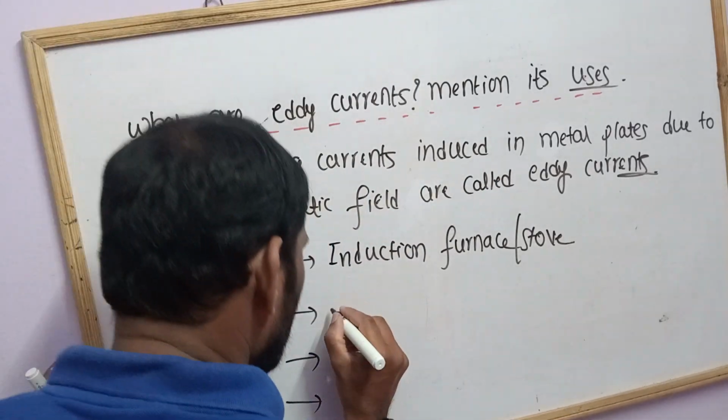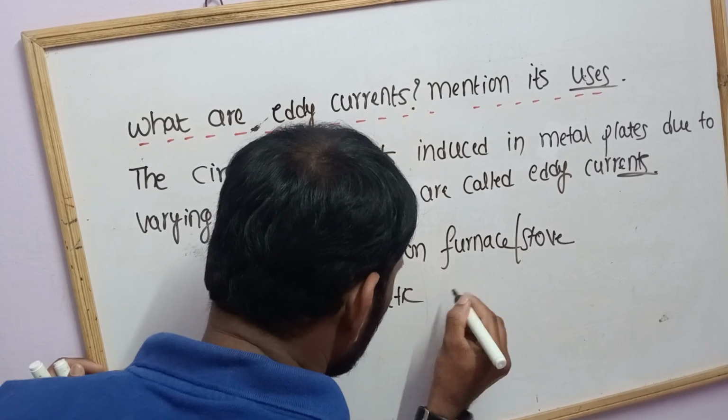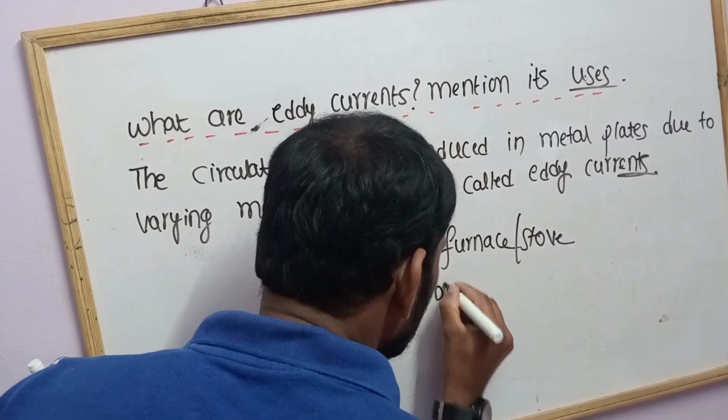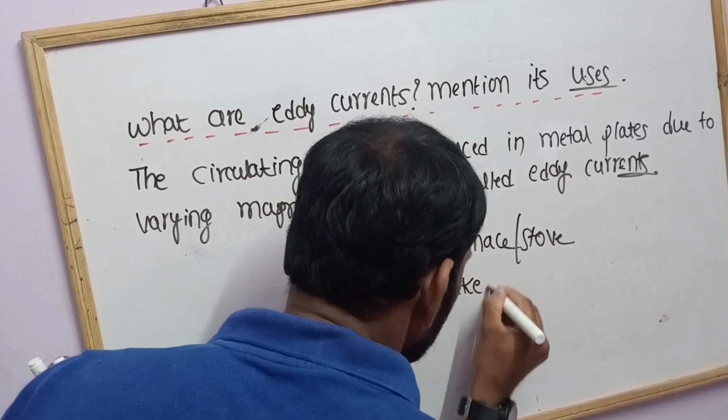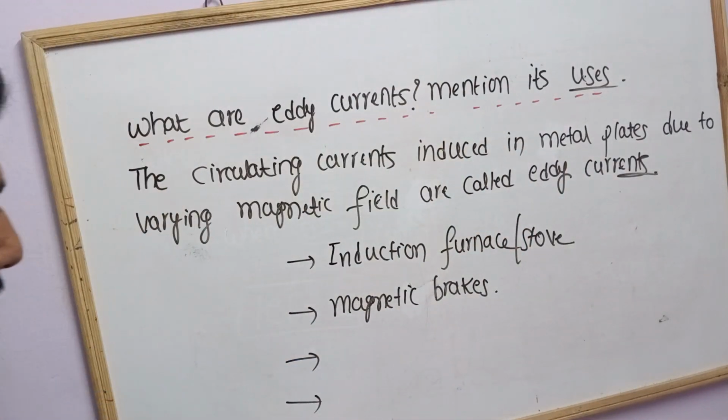Magnetic braking. Usually where we will use this? In trains. In trains we will use these magnetic brakes.